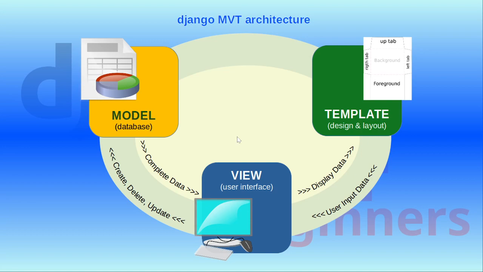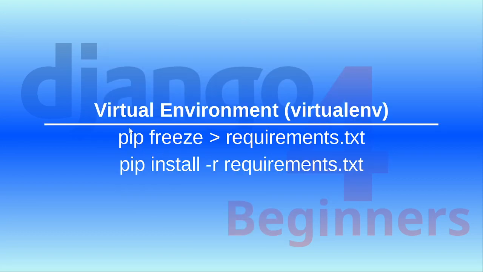Okay, and one more thing is the virtual environment we talked about in the last video. I will emphasize that using it is very good. That's why we are using it throughout this video series.